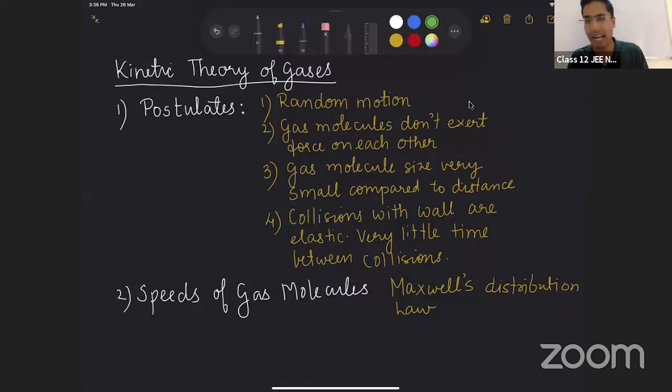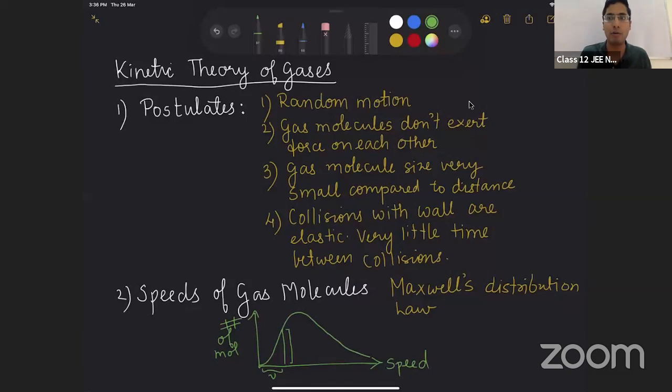And Maxwell described a complicated equation that you don't need to remember, but all that you needed to remember was it was a curve like this. The y-axis was number of molecules and the x-axis was speed v.